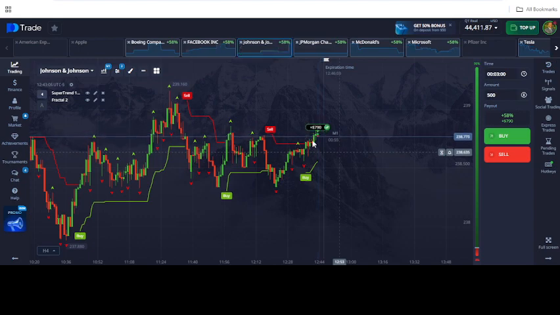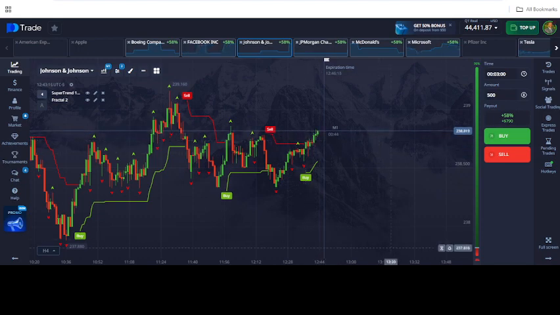Okay, great. So we won that trade. Very important that I waited for the candle to close above this red sell line here. Okay, so I'm gonna pause the video and look for our next setup.